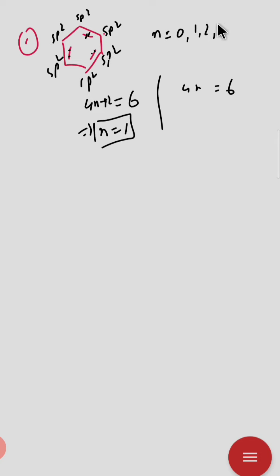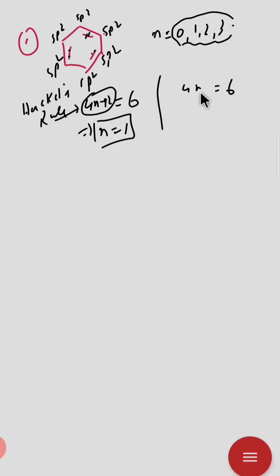So n can be 0, 1, 2, 3. If a compound has 4n plus 2 pi electrons, that rule is called Huckel's rule. Huckel's rule: 4n plus 2 pi electrons means aromatic, and 4n pi electrons means anti-aromatic.